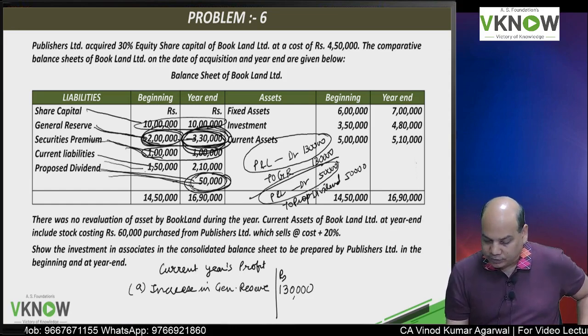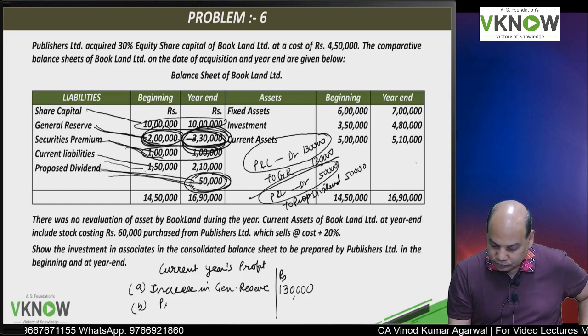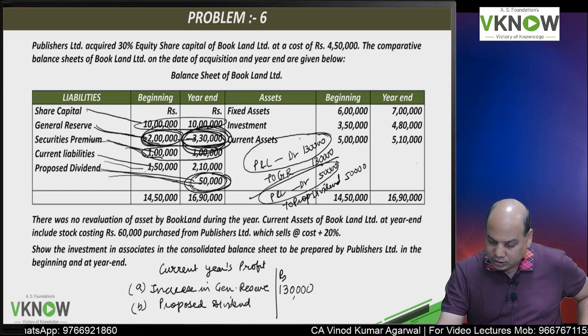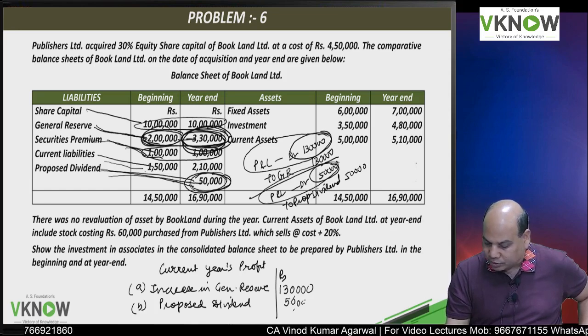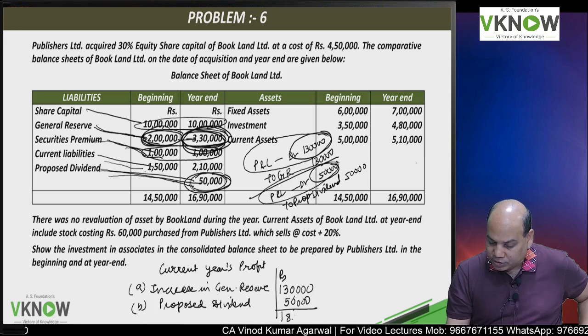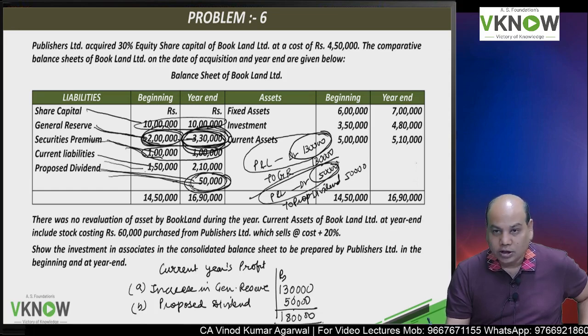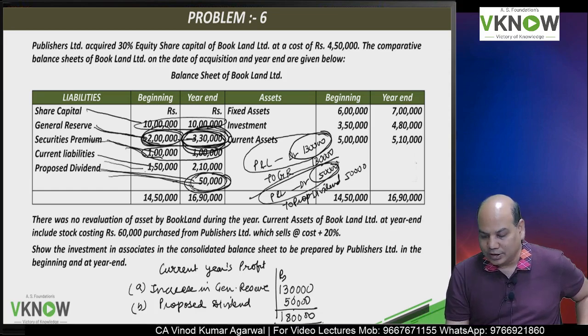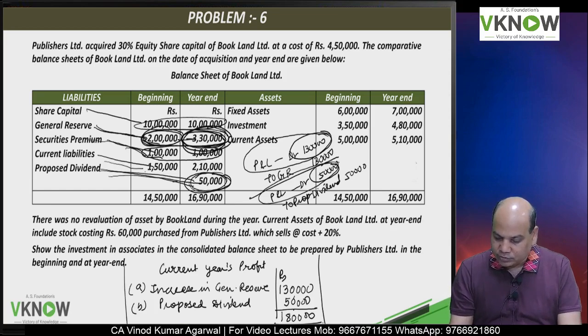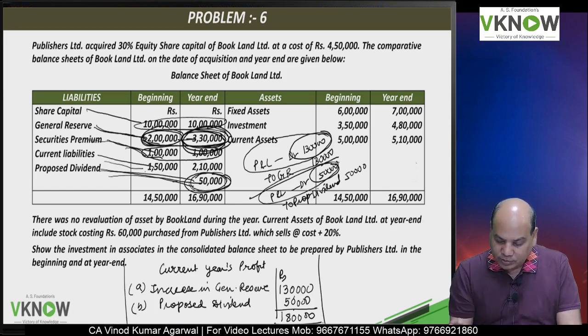So total profit for the year will be how much? 1,30,000 transferred to general reserve and 50,000 transferred to proposed dividend. So the hidden information is current year profit: 1,80,000. So this is the information we got from the balance sheet.